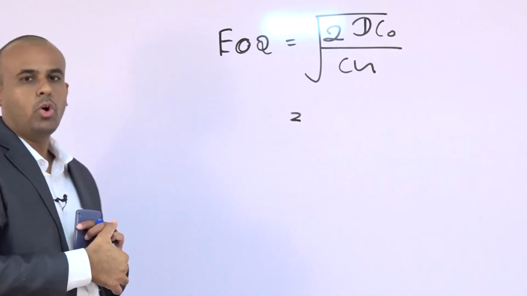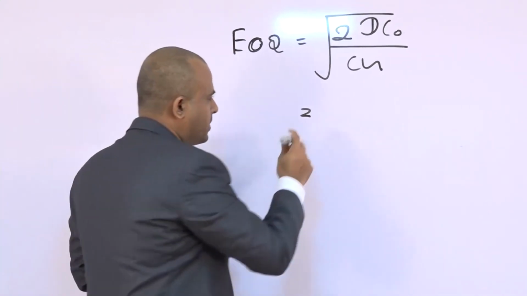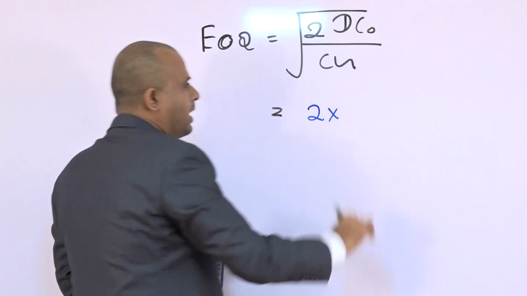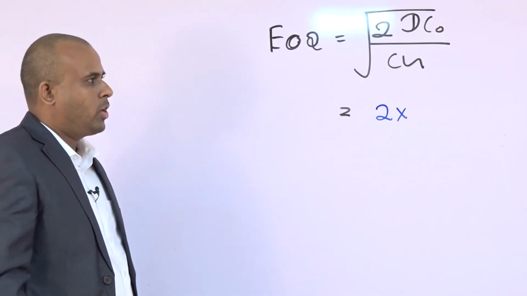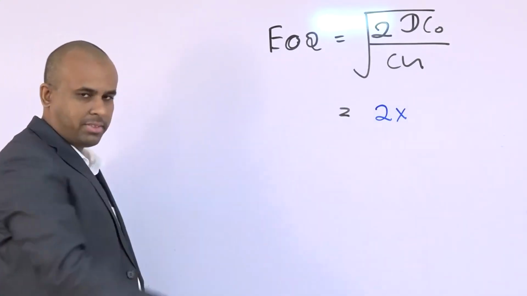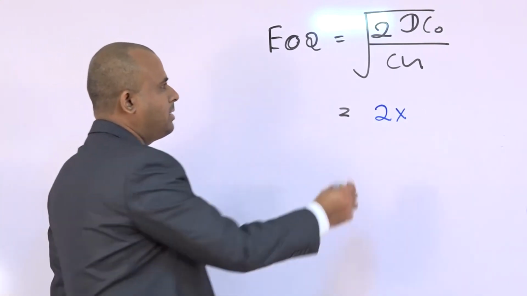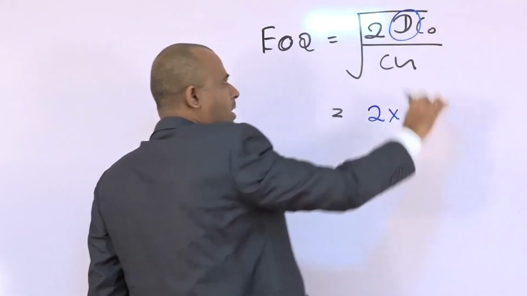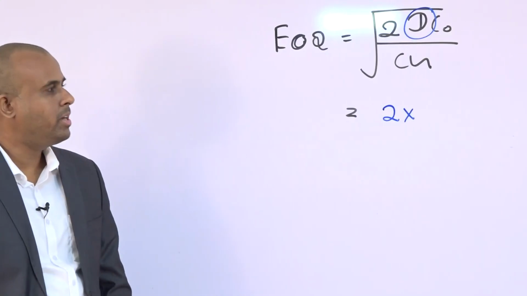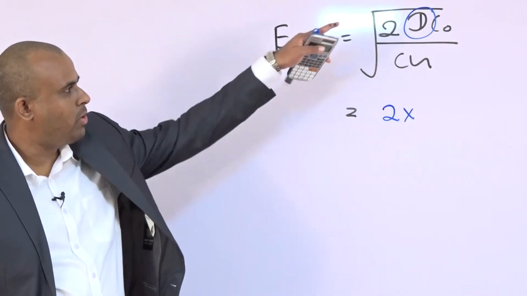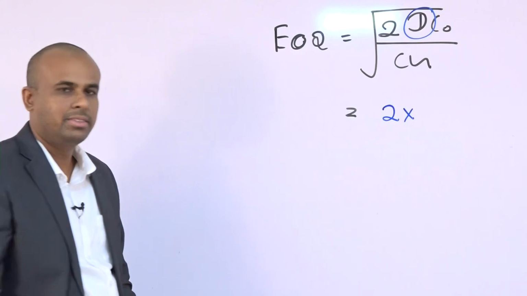Here the 2 is a constant figure, right? Now when you want to calculate the economic order quantity, substitute the figures. Putha, D means the annual demand. What is the annual demand? The question says 60,000 units.